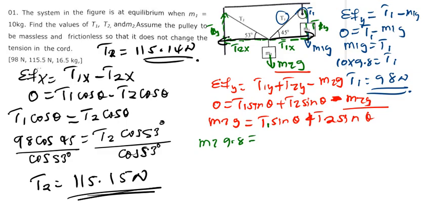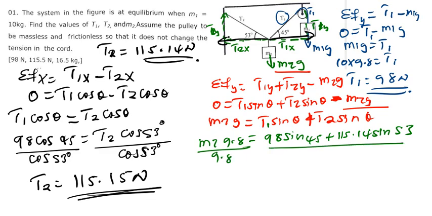T1 is 98 sine the angle 45, plus T2 is 115.14 sine 53. I'll divide here by 9.8, even here by 9.8. So these two will cancel out, and then I'll remain with my m2 being equal.